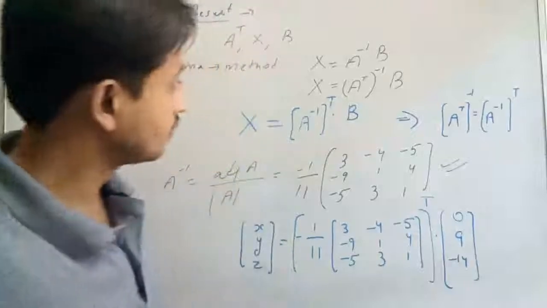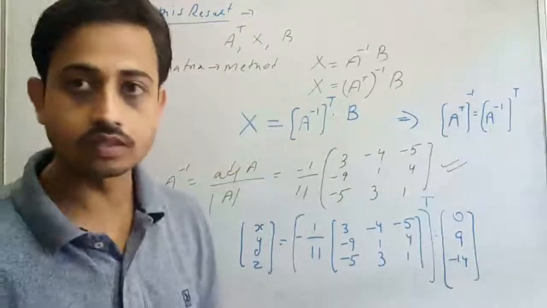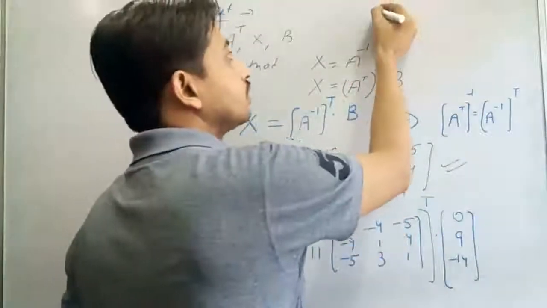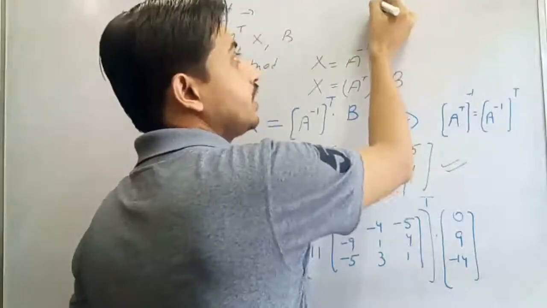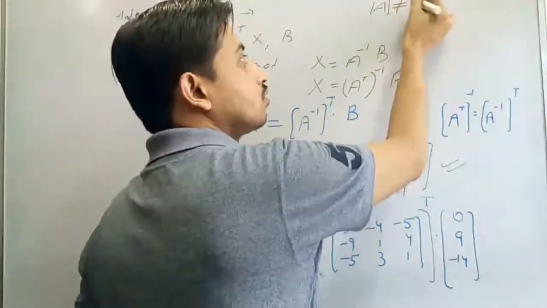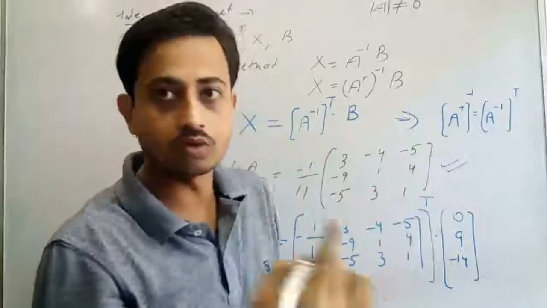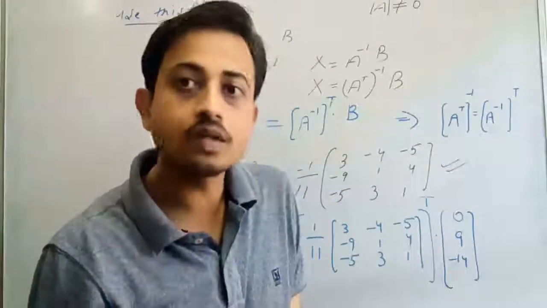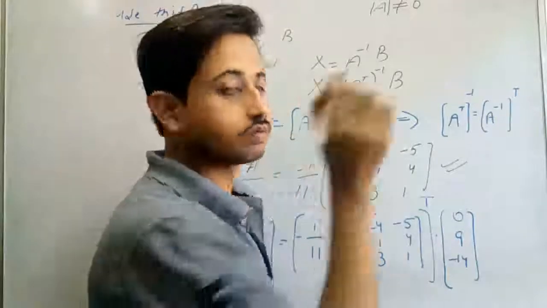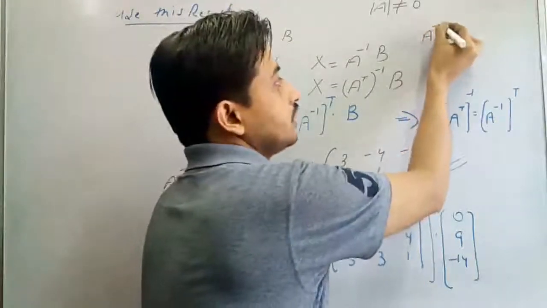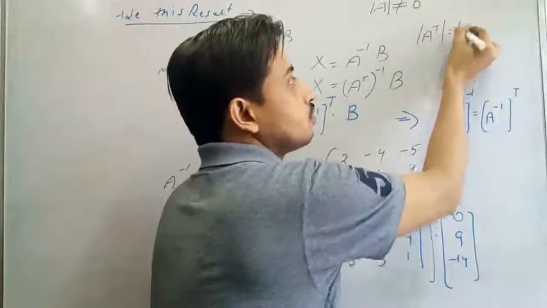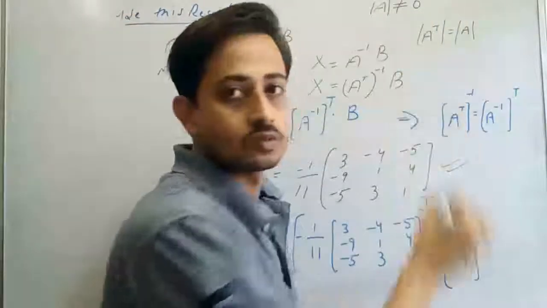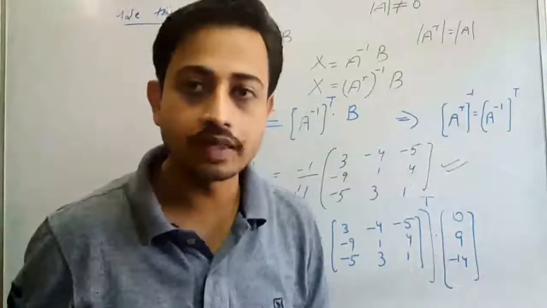Also one thing: because we are doing inverse, here too we find that the determinant of A is not equal to 0, because this is the condition to find A inverse. Is it also applicable to A transpose? We already know that the determinant of A transpose is equal to the determinant of A, by the properties of determinants.